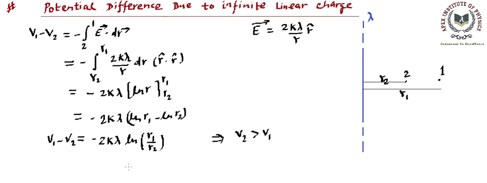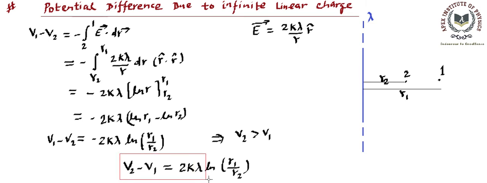So the potential difference, if we want to write it in terms of V2 minus V1, that's the potential difference due to an infinite linear charge distribution, which is going to be twice k lambda ln r1 by r2. So if we remember this as a formula, then we can answer questions in which this potential difference is asked due to a linear charge distribution, right? So that becomes an important formula, as well as a use of the relation between E and V.